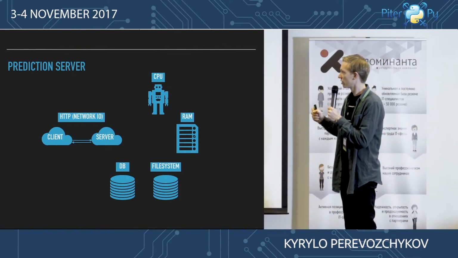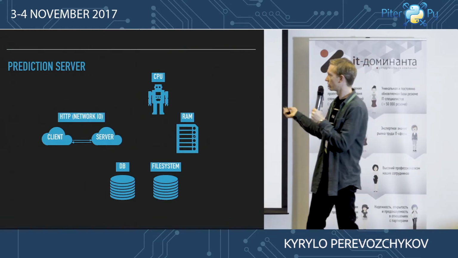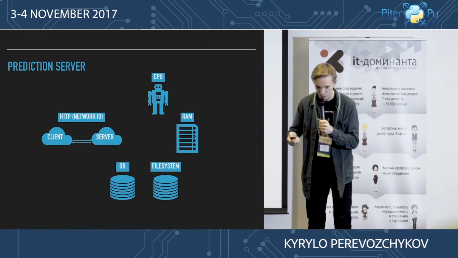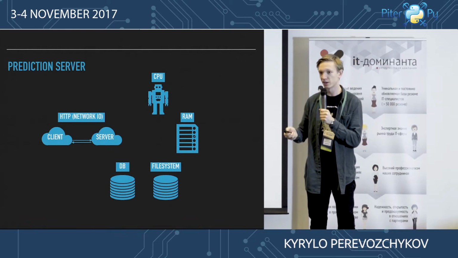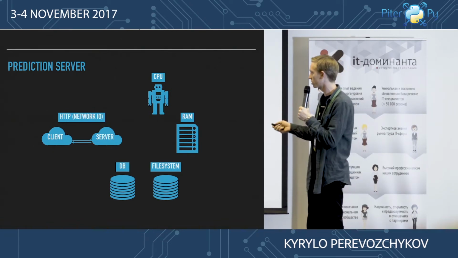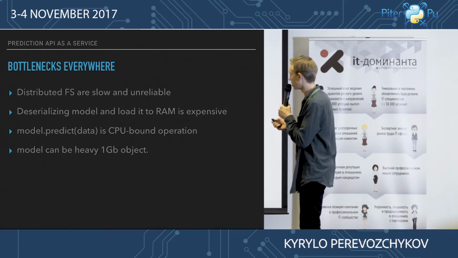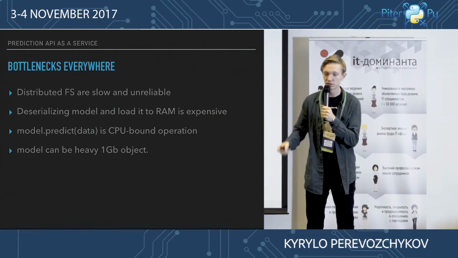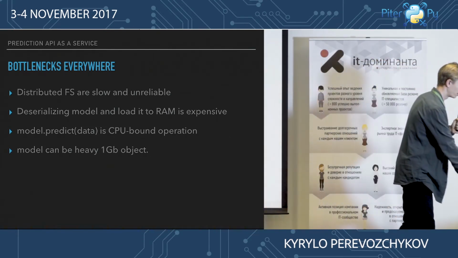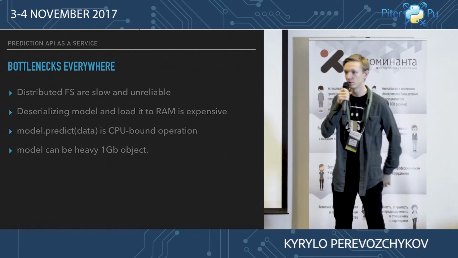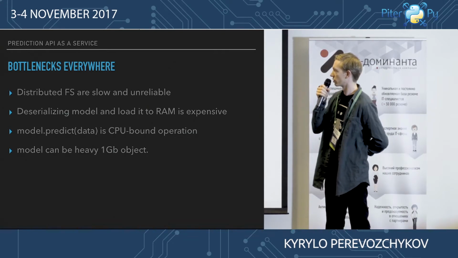Though STEP is no different from any other service, and I made two slides because I couldn't squeeze it into one. But there are bottlenecks when you work with machine learning. Each component is a bottleneck. First, if we need high availability, then we want to use a distributed file system.